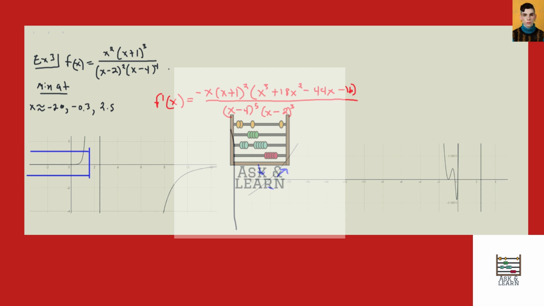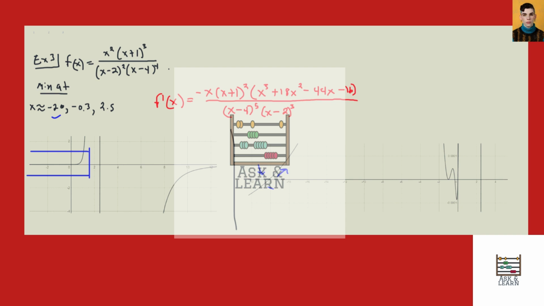So let me put a little check mark underneath negative 20. Now, around negative 1, there it really doesn't do anything because it just bounces off.